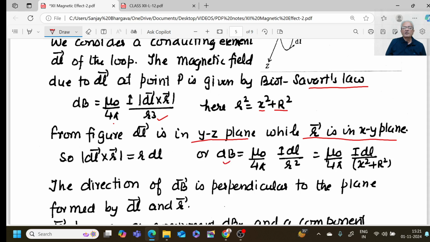So dB can now be written as μ0/4π I dl upon r square, which can be written as μ0/4π I dl upon x square plus R square.